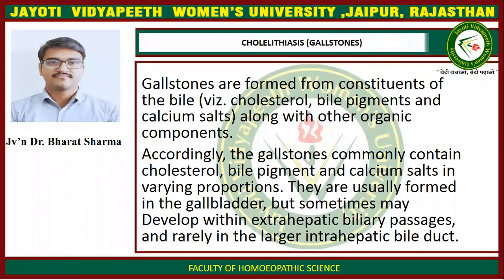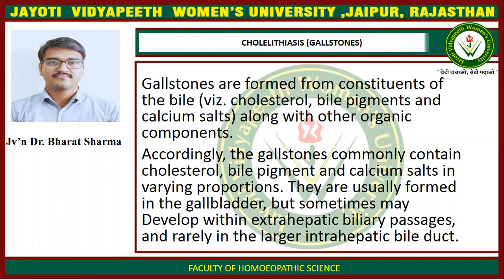Now, gallstones are formed from constituents of the bile, that is, cholesterol, bile pigments, and calcium salts, along with other organic components. Accordingly, gallstones commonly contain cholesterol, bile pigment, and calcium salt in varying proportions.